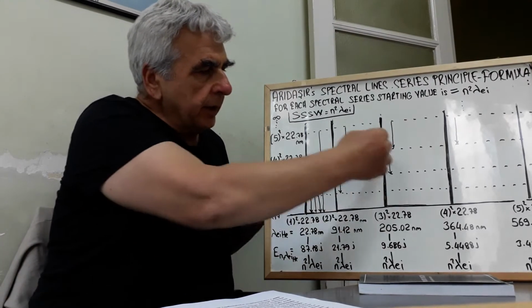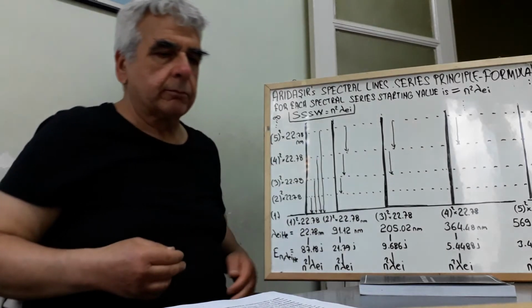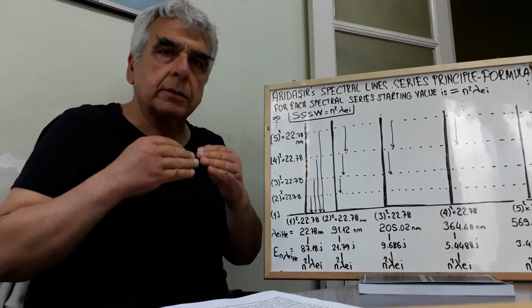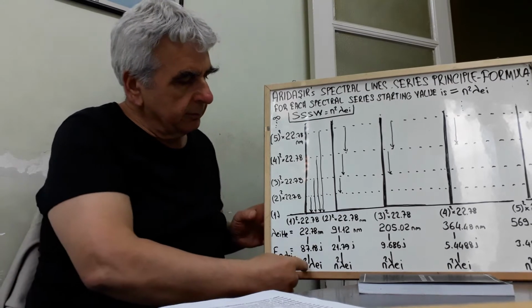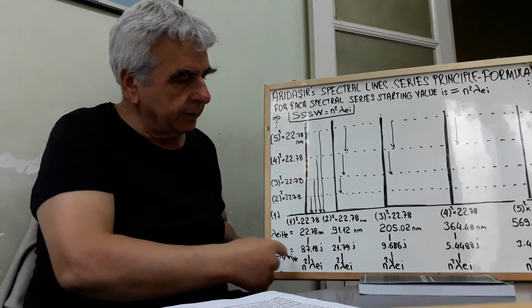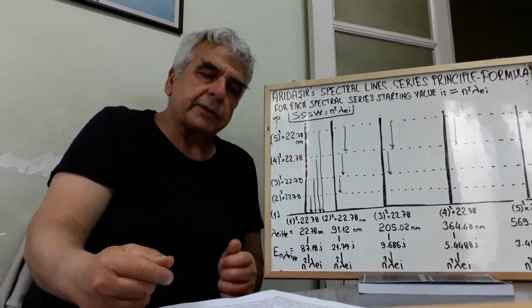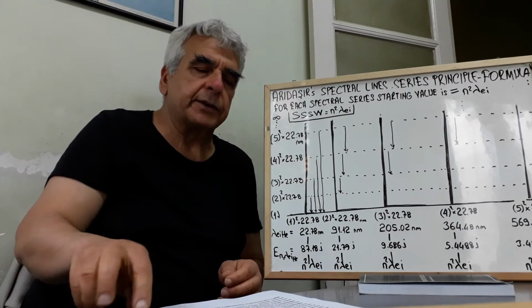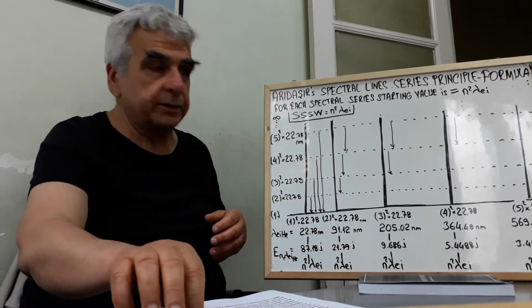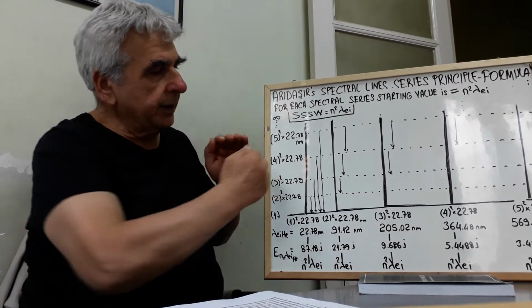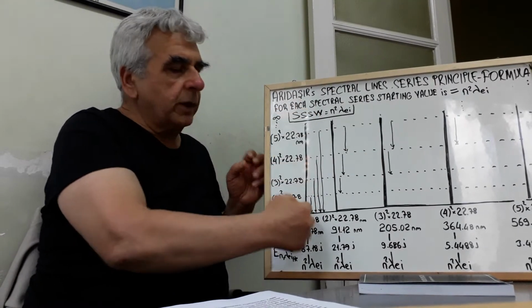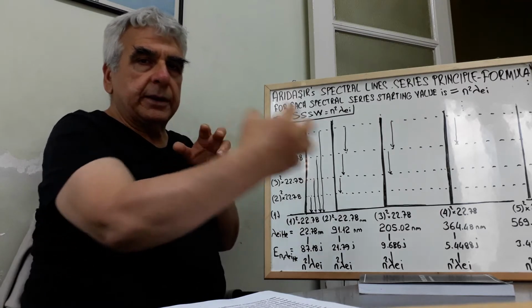Each spectral line related electron's initial wavelength, here 22.78. Each spectral line related electron's initial wavelength, initial imbalance, not disturbed yet, okay, not enlarged, and equal to 1 position, okay, not enlarged.